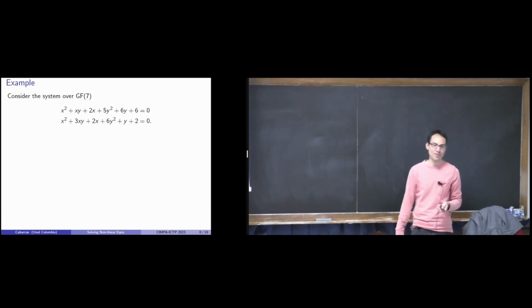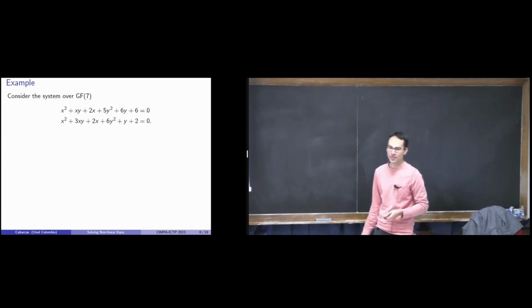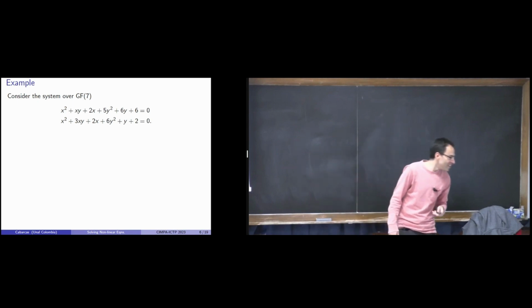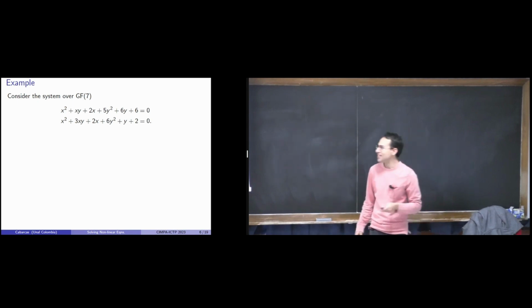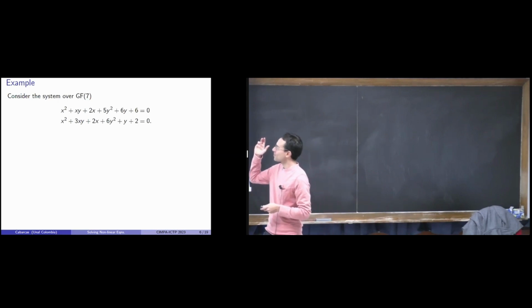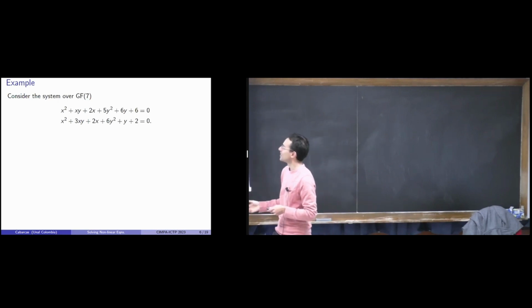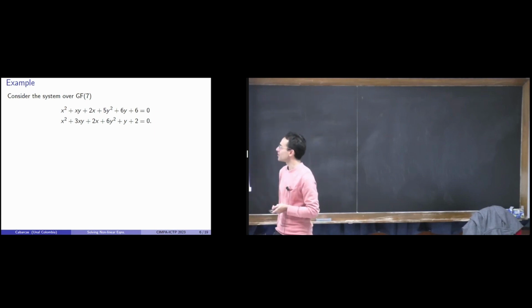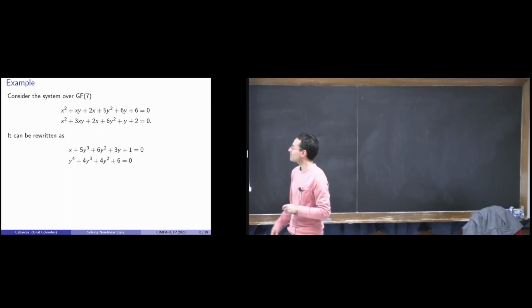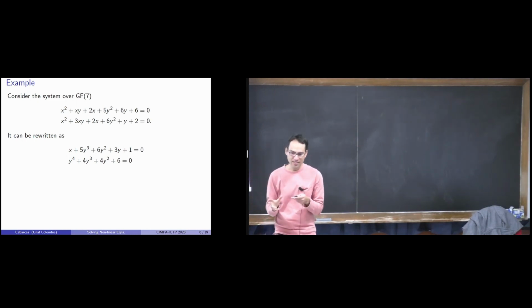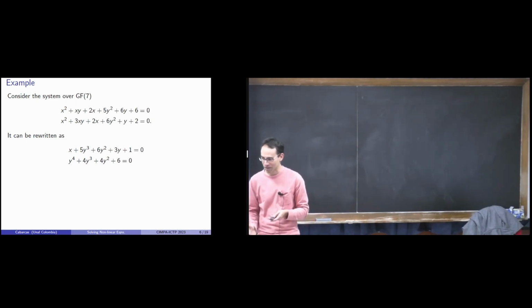But here's a tiny one, just to illustrate what we're doing. There are two equations in two variables, x, y. We're looking for solutions in the Galois field 7, GF7. So here is how the classical way to solve the systems works.